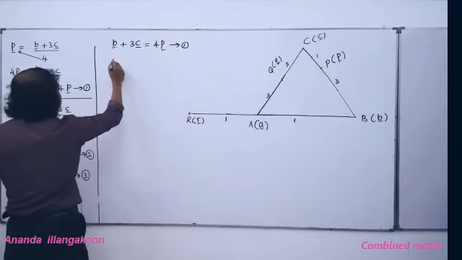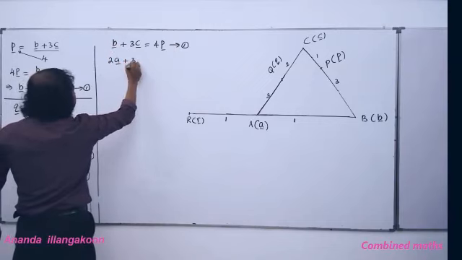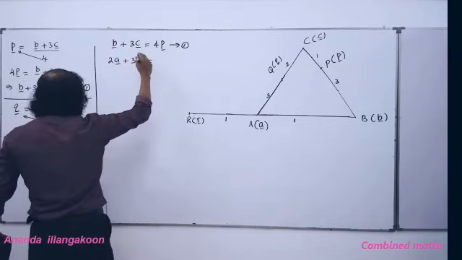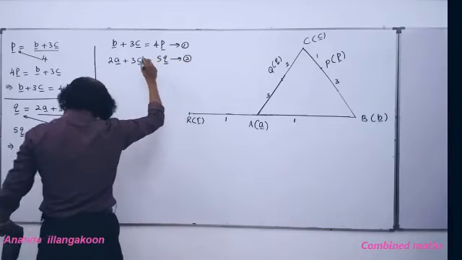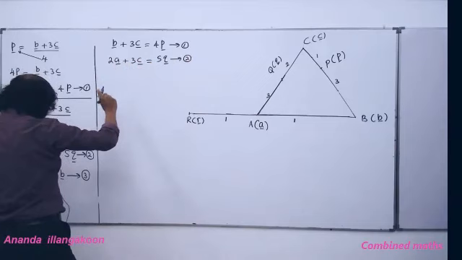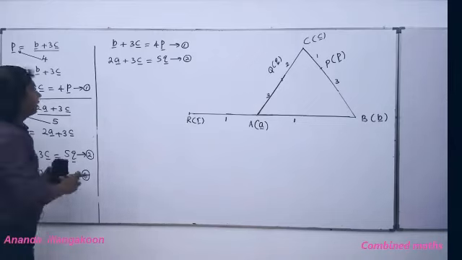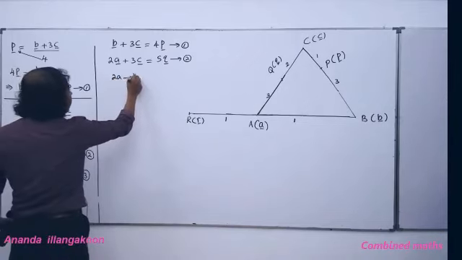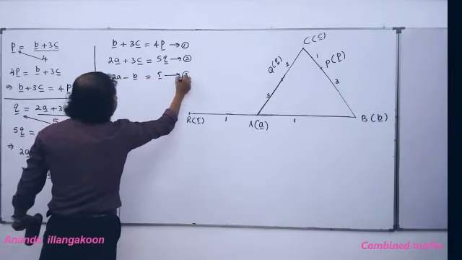Number 2, people, is 2a plus 3c is equal to 5q. And this r equals 2a minus b, so I'm going to write 2a minus b is equal to r vector. This is number 3.